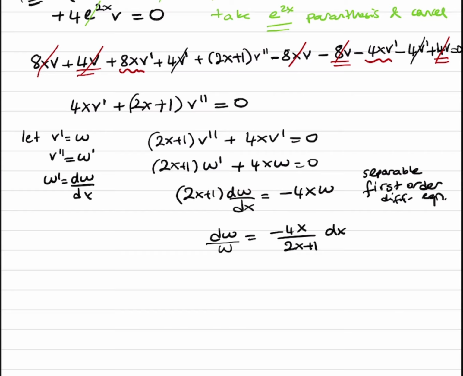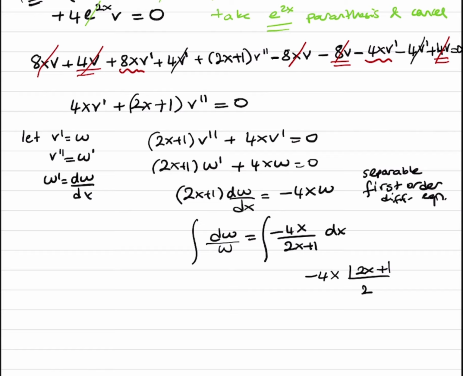Of course, if you don't know how to integrate minus 4x over 2x plus 1, then we have a problem, right? So you should remember integration techniques. So here we should divide minus 4x by 2x plus 1.